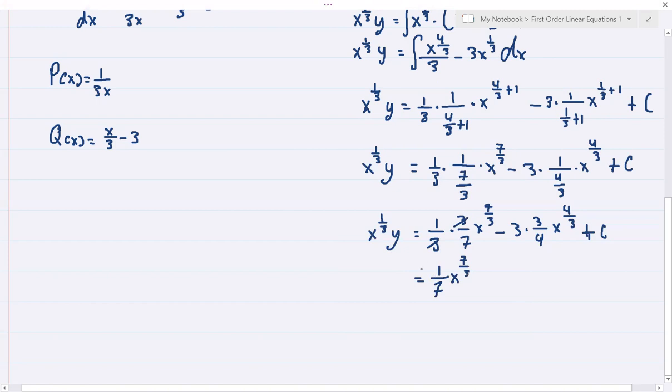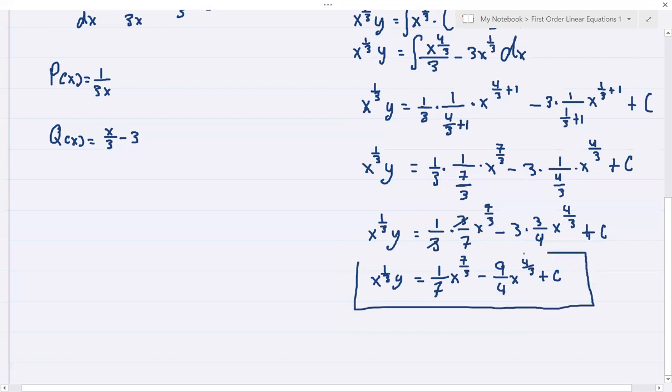Because 3 on the denominator and on the numerator are the same, so they can be cancelled out. Minus, here 3 times 3, we will have 9 all over 4 times x raised to 4 thirds plus c. And we have x raised to 1 third times 1. Okay. So this could be now your final answer.